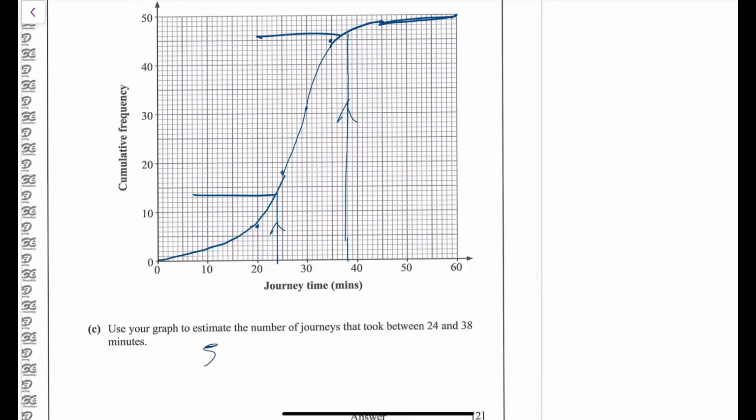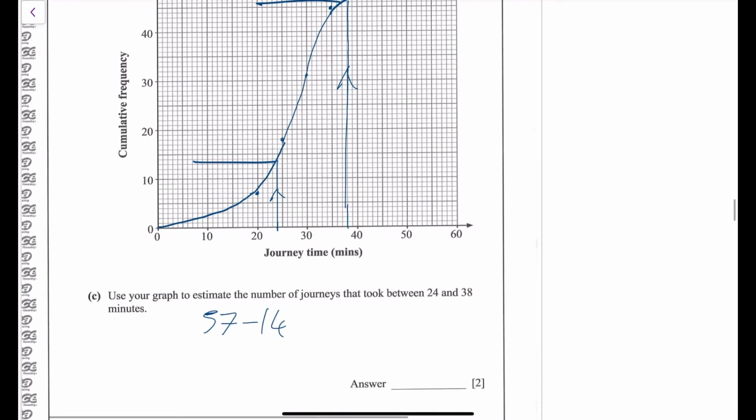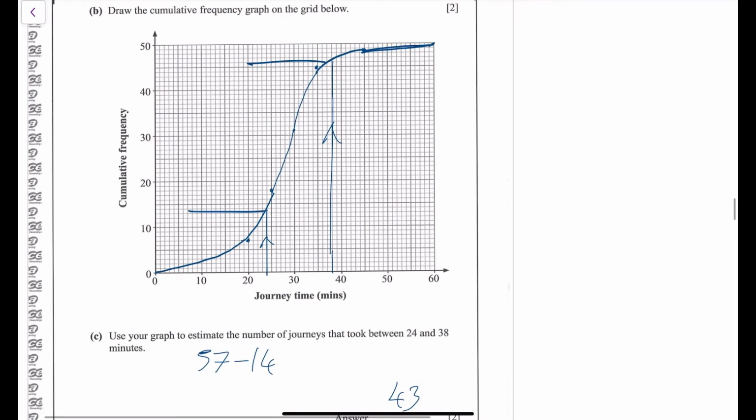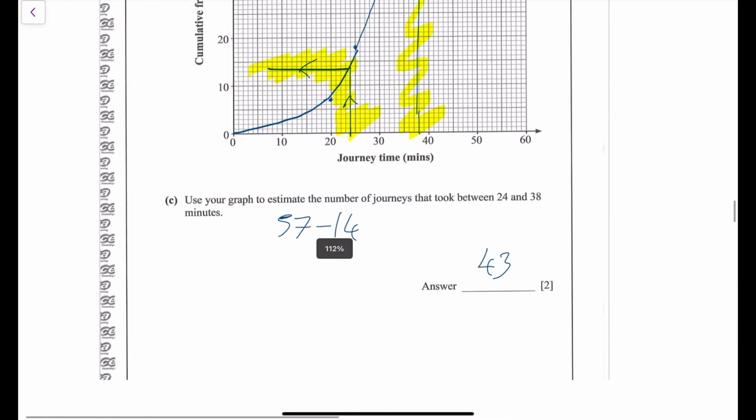But when I did that half decently, I got 57 minus 14, which is 43. You absolutely must have these lines. These are your working out. They're looking for these lines, so make sure you've got those lines in, please. But that's how you do it. It just doesn't work very well on this, unfortunately.